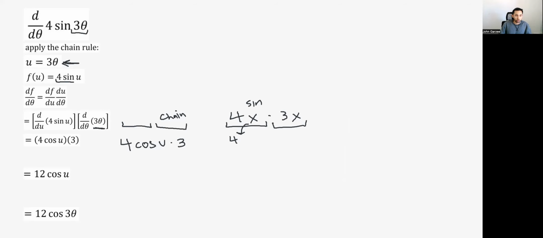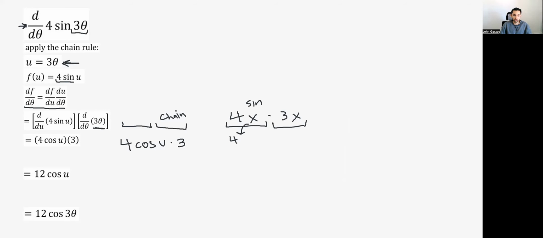The tricky part, one thing I like to point out, is that this is asking us for the derivative in terms of theta.